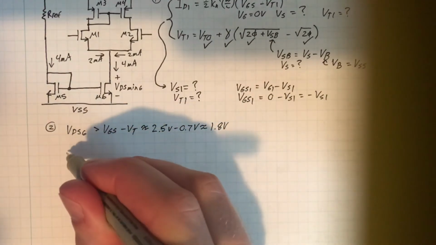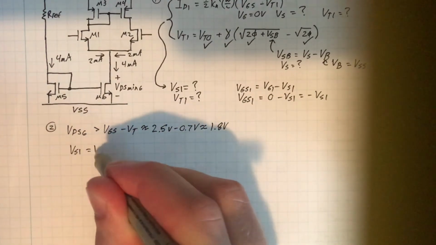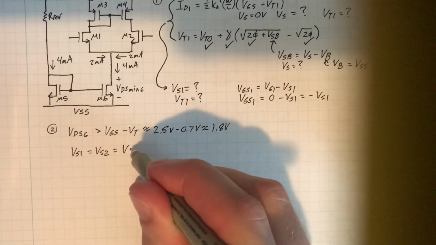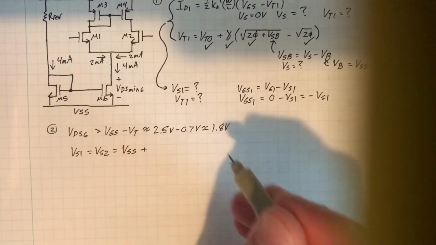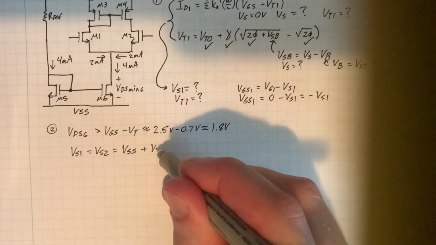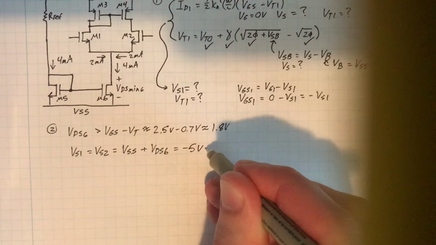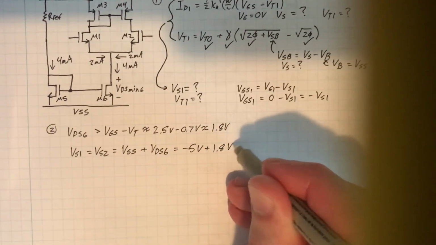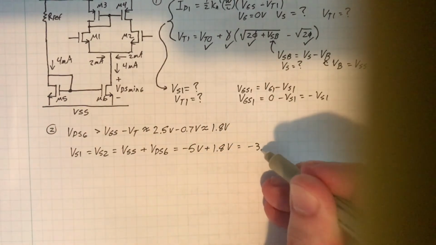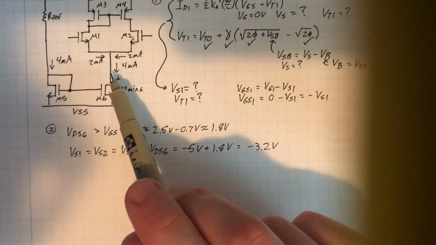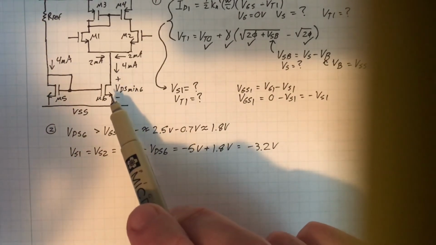VS1 is equal to VS2, which is VSS plus that VDS6 value. Okay, so minus 3.2 volts. That's as low as this node can go before M6 goes into triode.